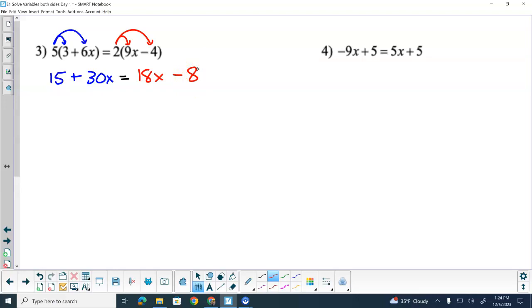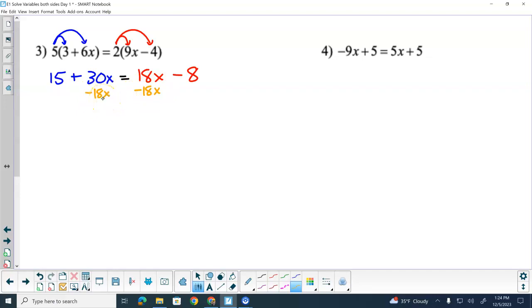Which way do we want to move our variables? To the left or to the right? Left? Okay. So if I'm going to move my variables first, because I always want to get those out of the way, I would subtract 18x from both sides.